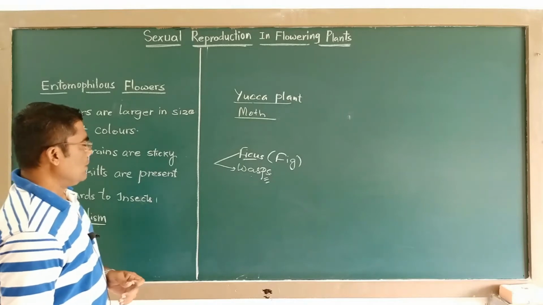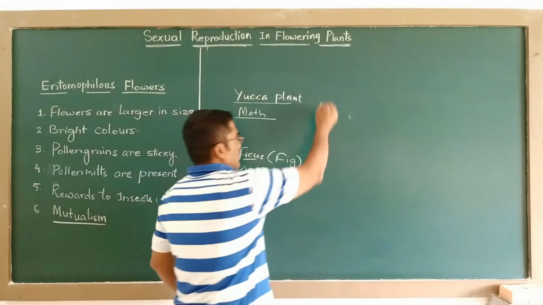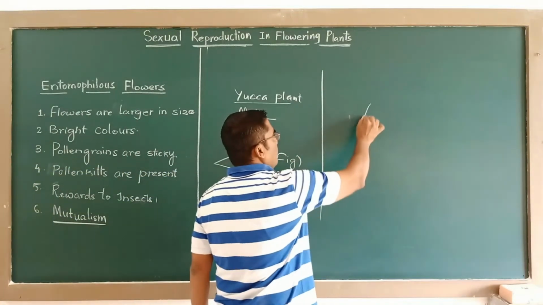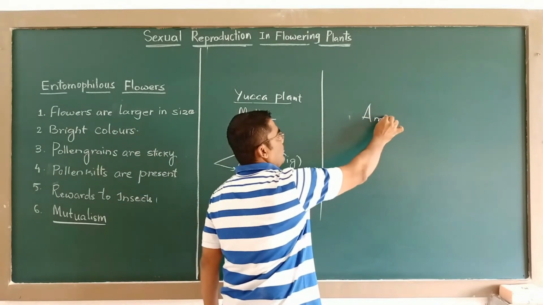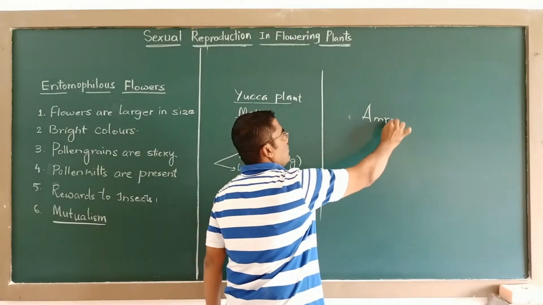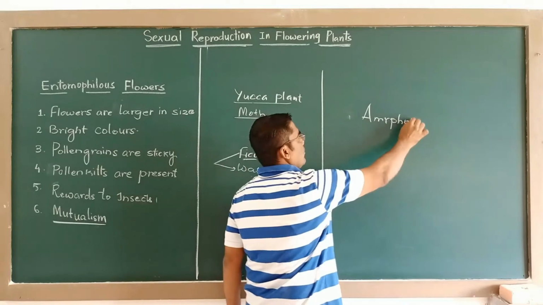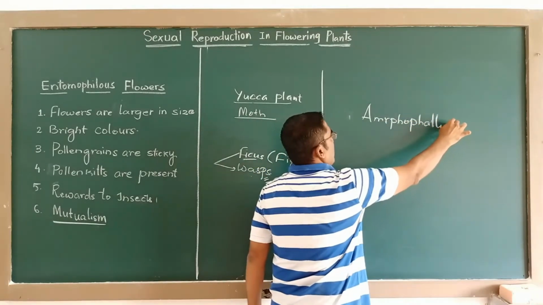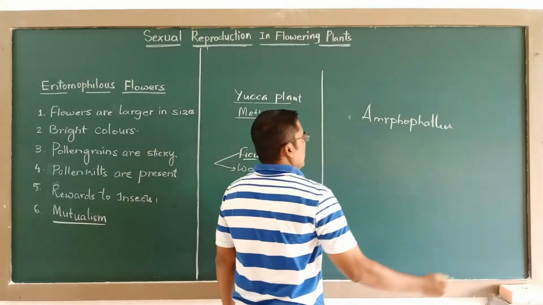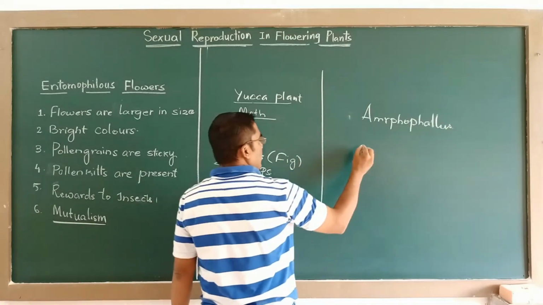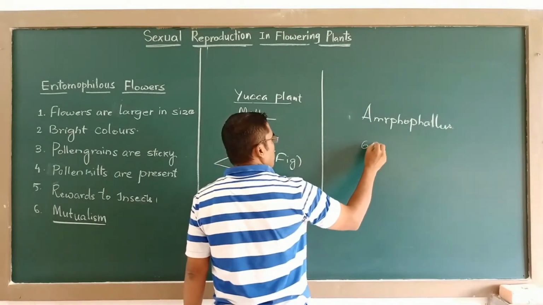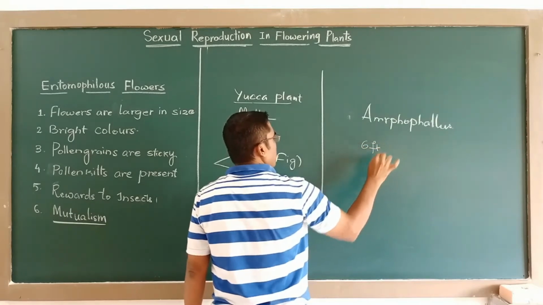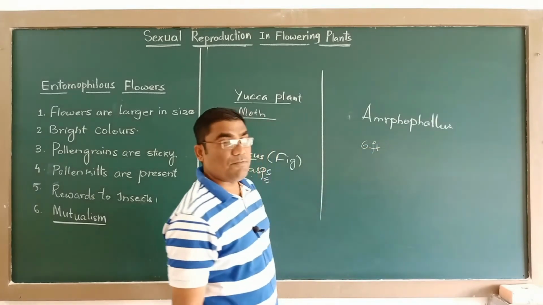Next, there is a plant called Amorphophallus. This Amorphophallus plant produces flowers which are bigger in size. Commonly, the flowers reach a height of 6 feet.